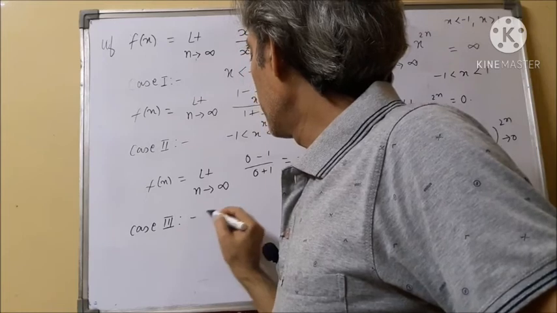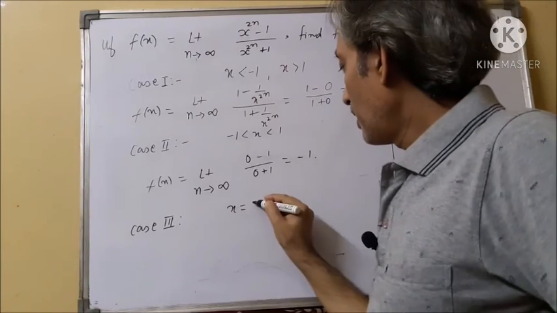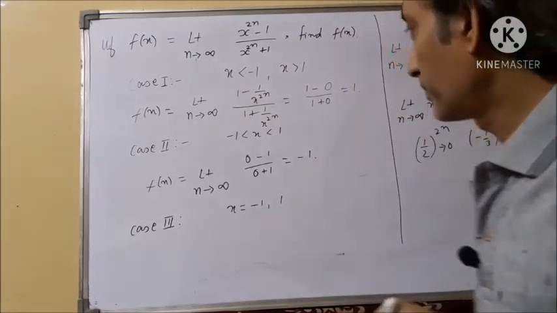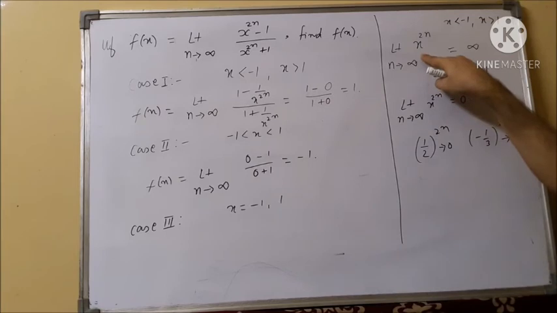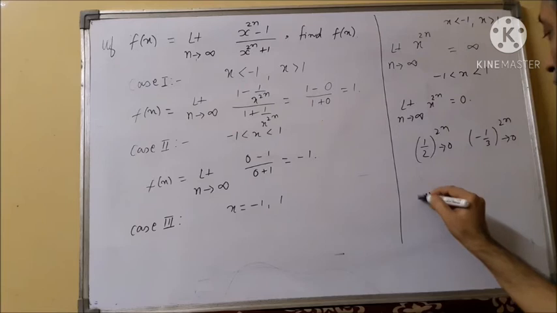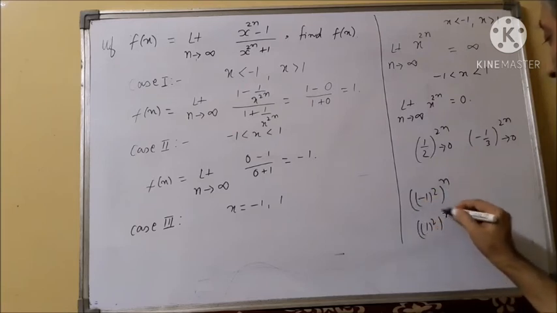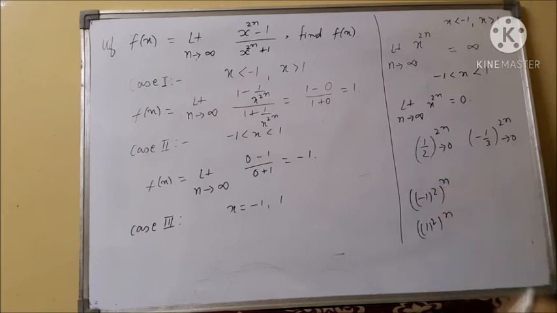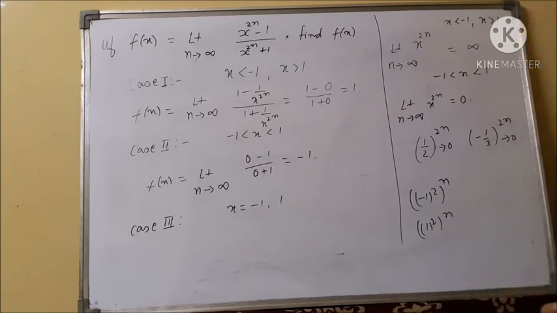Now case 3, when x is either -1 or +1, in that case what will happen? Look, since here it is 2n, it means (1 squared) to the power n, or (-1 squared) to the power n, with n approaching infinity.